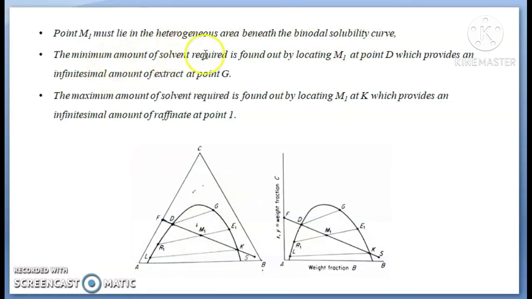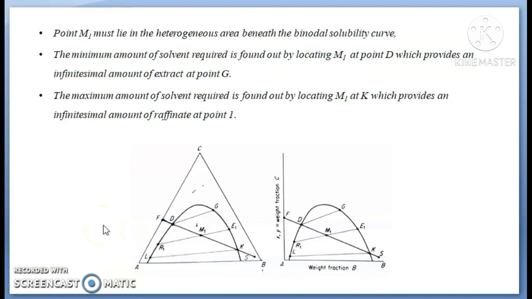The minimum amount of solvent required is found by locating M1 at a point D, which provides an infinitesimal amount of extract at G; a higher amount of extract G will be obtained beyond it. The maximum amount of solvent required is found by locating M1 at K, which provides an infinitesimal amount of raffinate at point L.